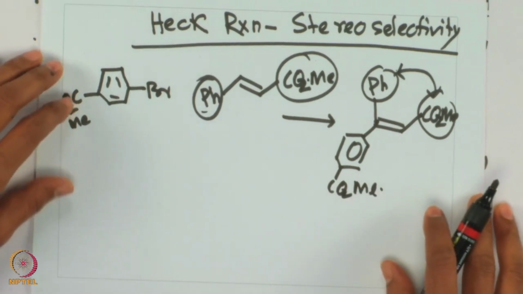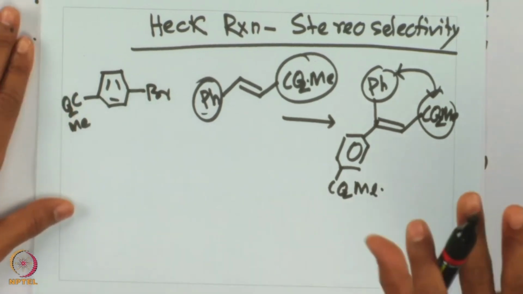Similarly, what we have seen now is the aryl bromide adding to the less substituted olefinic side, and the substituent at that site is going the other way around with respect to the alpha site. So, that is all the stereochemistry about it.